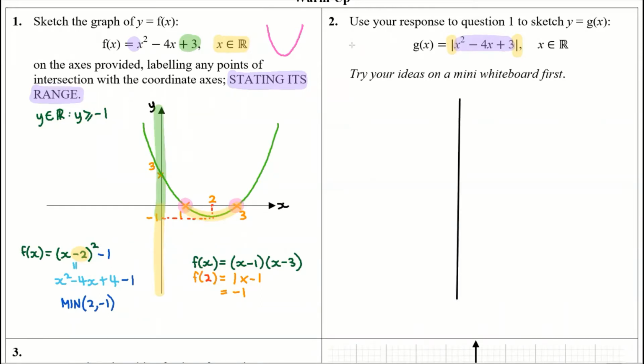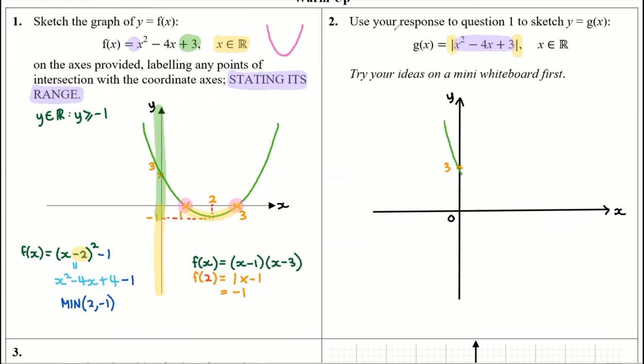So we draw our axes like this. Okay, so x and y and 0. And I'm going to sketch the curve again. So we had 3 as our y-intercept, and I'll just put the curve on first.